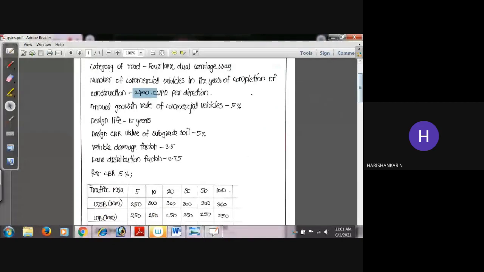After that you have the R value, the growth rate, which is 0.05. Then small n value is 15. Small n value is the design life, it is 15. Then the design CBR value of the subgrade soil is 5%. VDF is taken as 3.5, lane distribution factor is 0.05, and CBR value is taken as 5%.